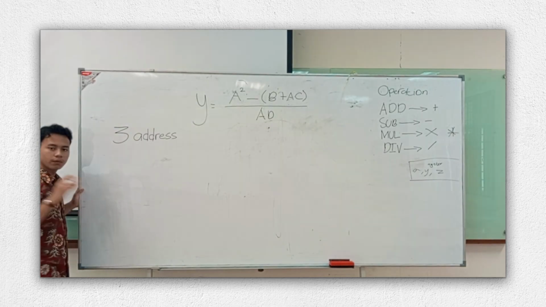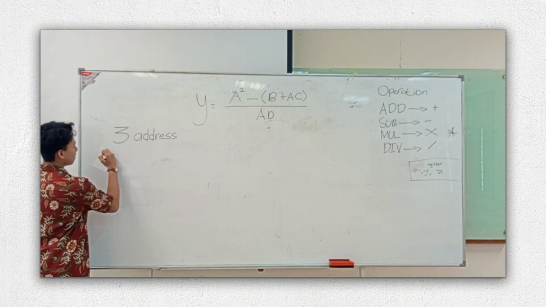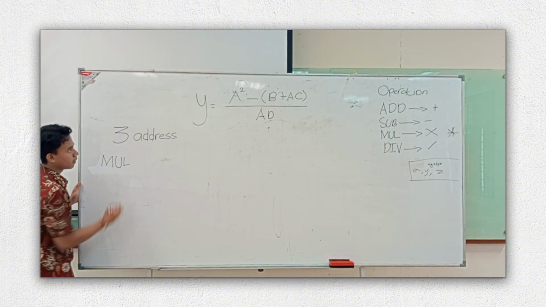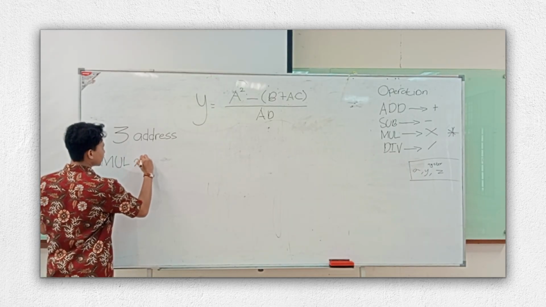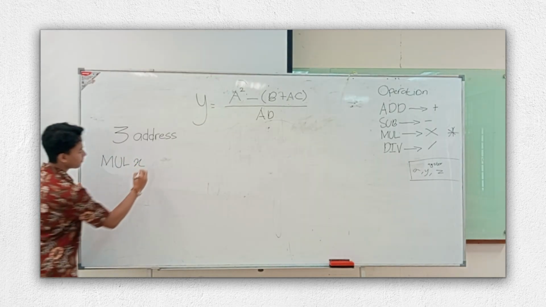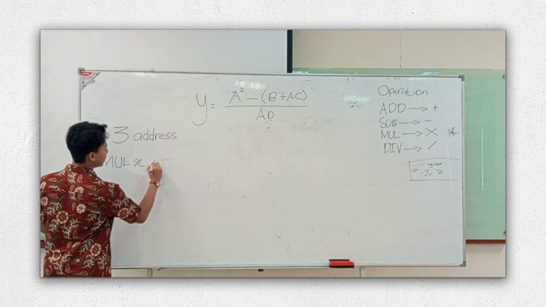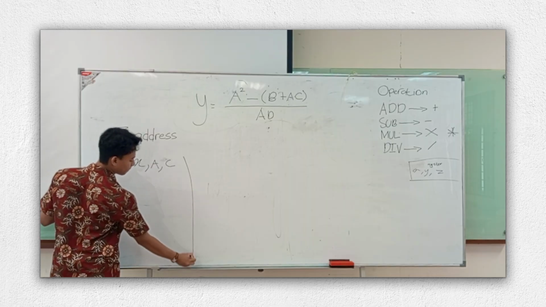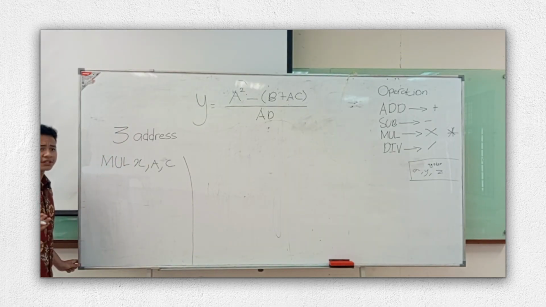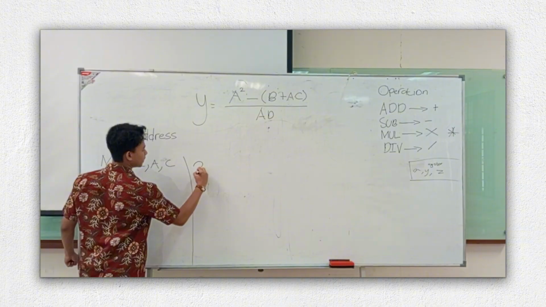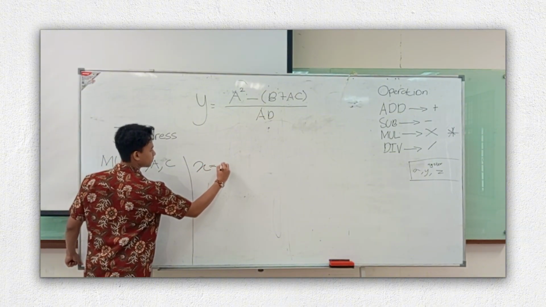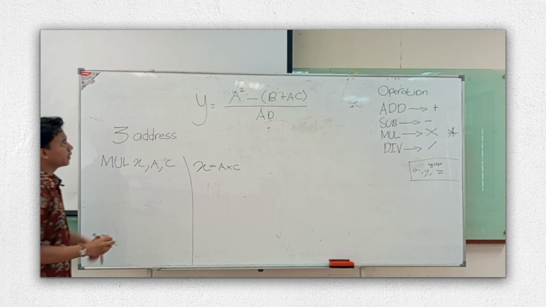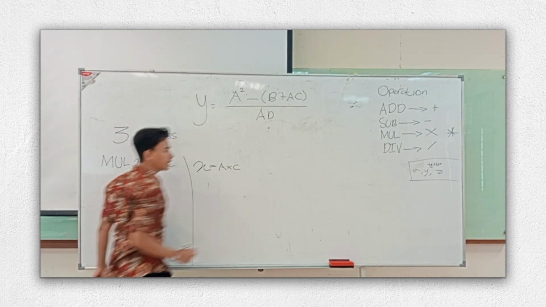We're gonna put the mul, using X as a temporary register, A times C. So here the operation is equal to this. So here we already have A times C.